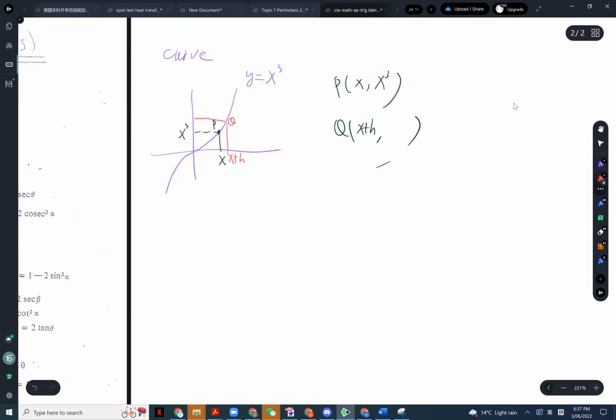Okay, that's called Q. Now, what's the gradient of PQ? The gradient of the curve just equals the gradient of PQ.